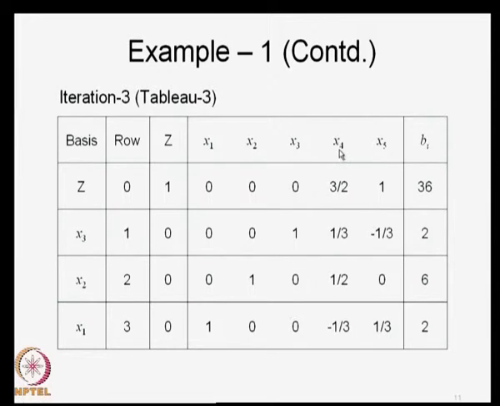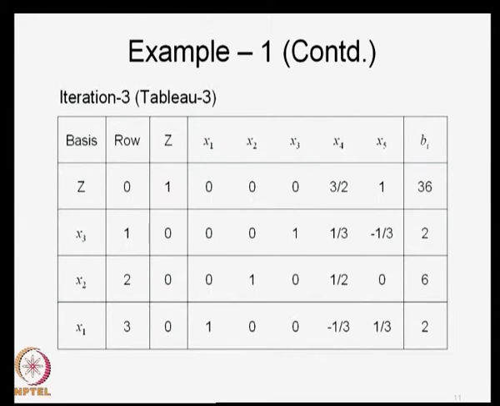That means this variable which has a coefficient of 0 can be brought into the basis, but the objective function value will not change. Z will still remain 36, because you are bringing in a variable with a coefficient of 0, using all your criteria for the departing variable. One of the variables will go out, this variable will come in, and the objective function value will not improve, which means that you could capture two solutions.